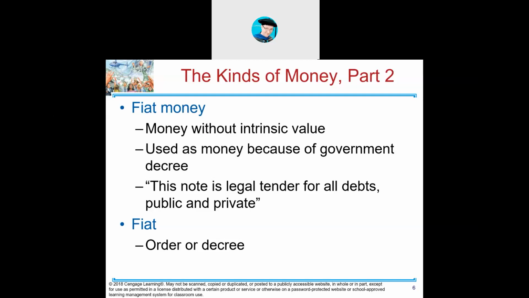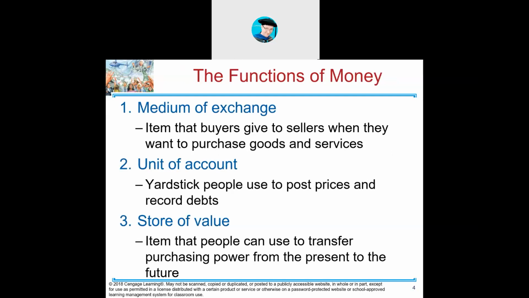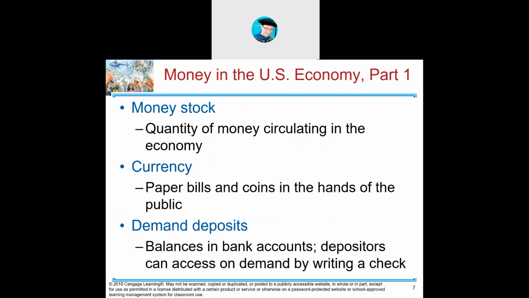So when that happens, they're basically printing money that doesn't have real value. That's how you get to that point. And so that's the other concept behind fiat currency. We'll talk a little bit about those things.